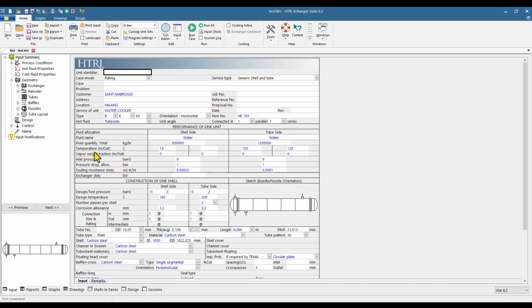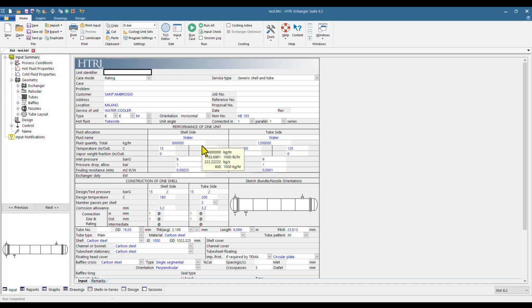So, first of all, it is a fixed tube sheet unit, a BEM exchanger. This BEM exchanger has water on shell side and also water on tube side. On tube side, there is hot water, probably processed water. The inlet temperature is 150 degrees. The outlet temperature is 120.